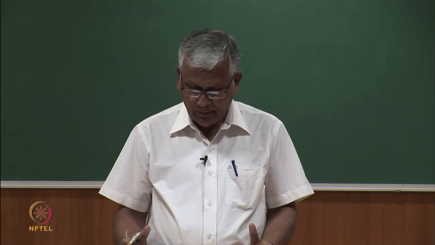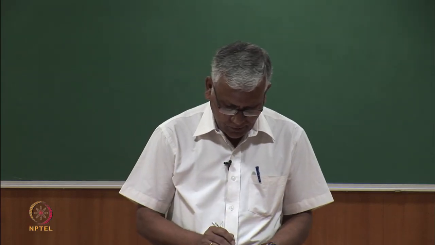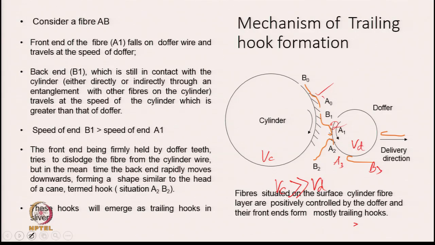This is the mechanism of trailing hook formation. From there, we can say that fibers situated on the surface of the cylinder fiber layer are positively controlled by the Doffer, and their front ends form mostly trailing hooks.